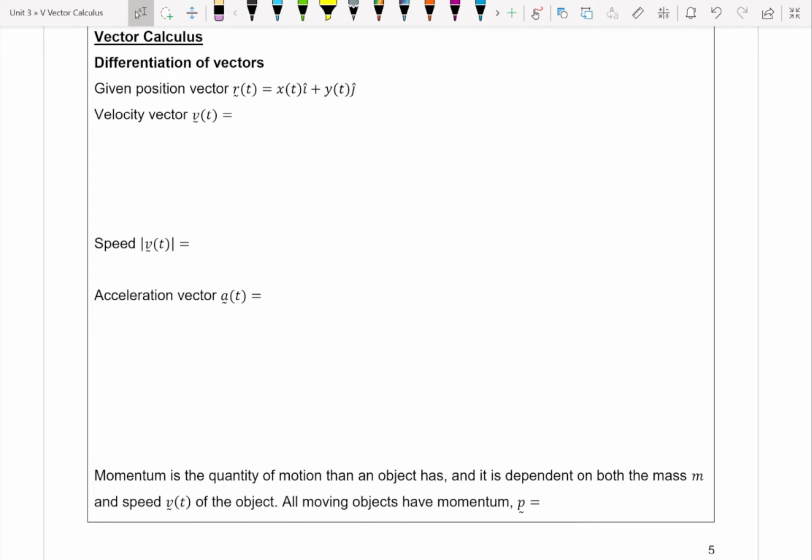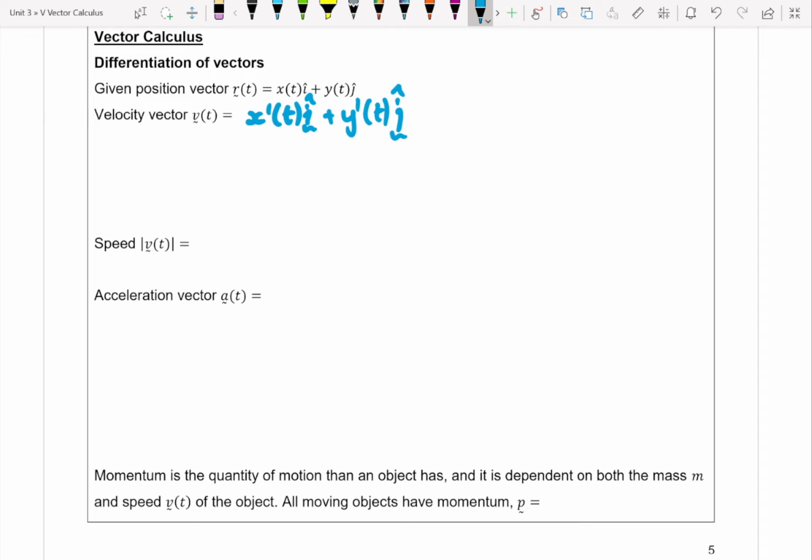But basically, if you have a position vector r of t, and you want to find the velocity vector of that, then it's just going to be x dash t i plus y dash t j. So deriving the x and y components to find the derivative of r with respect to time, which is the velocity vector.